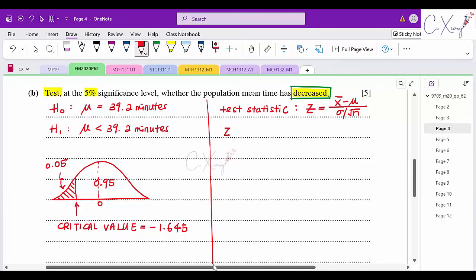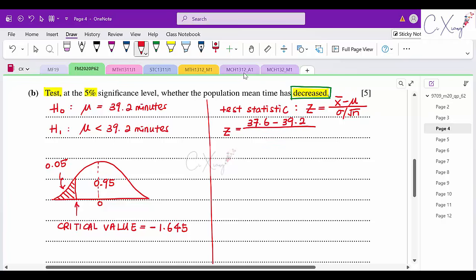Now I just plug in all the values that I have into the calculation. What is the sample mean? It is from the first part: 37.6. We did learn the formula for the sample mean, and my estimator for the population mean is the same. So you use the sample mean from the previous part, which is 37.6, minus the population mean that we want to test, 39.2, divided by sigma.